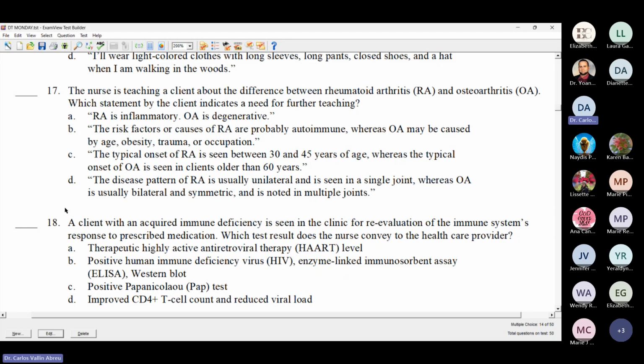Yes, this is inflammation, the four cardinal signs of inflammation. While osteoarthritis is not necessarily an inflammatory disease, it's a disease of wear and tear of the articular cartilage. So it's more defined as a degenerative disease.